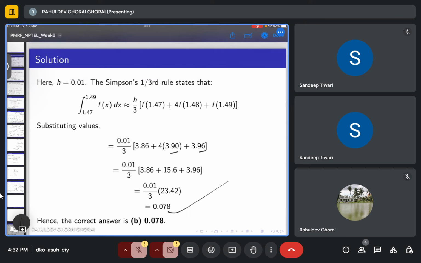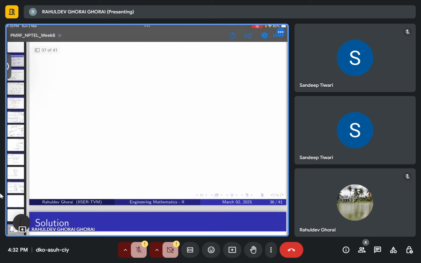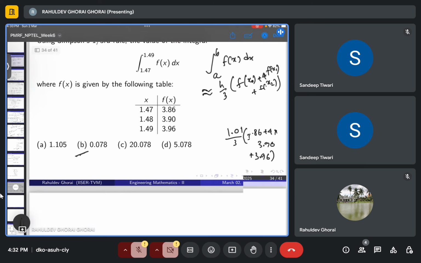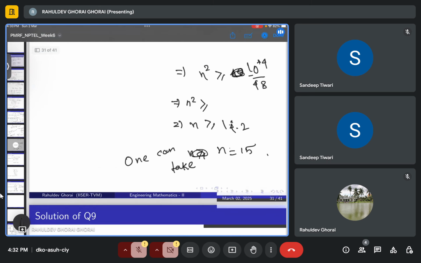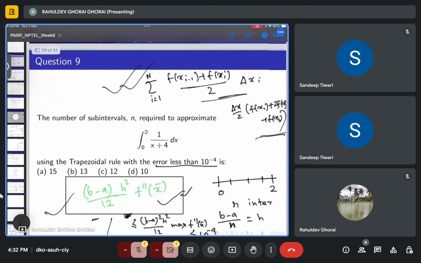Initially we were approximating the curve. Now you are approximating area. Do you understand that there is a difference?